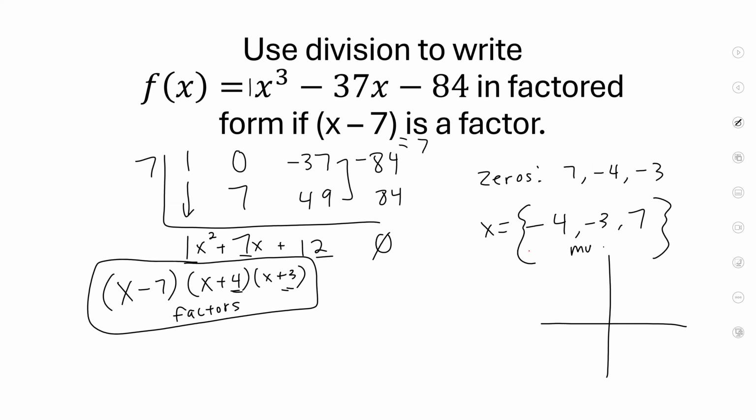All of these have multiplicity of 1. That means you're going to go through each of these points. So here's -4, -3, and I'll say 7 is right here. And what's my y-intercept? Yes, -84 is my y-intercept. -84 is the y-intercept. I'm just going to say it's down here, -84.